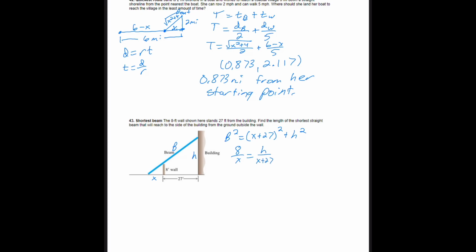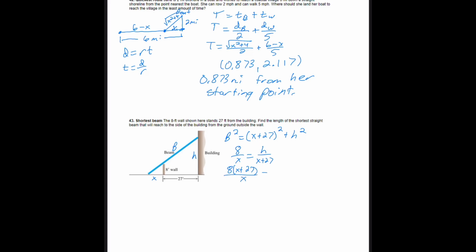I know that 8 over x is a ratio involving these two. And if I do the corresponding sides from the large triangle, h corresponds to 8 and x plus 27 corresponds to h. And so now this is a way we can replace h with x in this equation and figure out what b is.